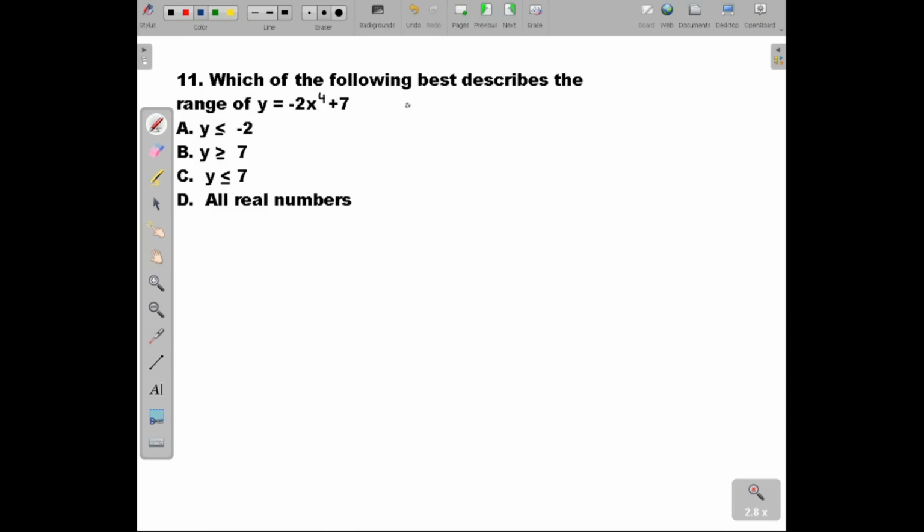Number 11. Which of the following best describes the range of y equal to negative 2x to the power of 4 plus 7? So we need to find the range of y. We could try some values for x. Let's say if x is equal to 0, 1, and 2, y is equal to negative 2x to the power of 4 plus 7.